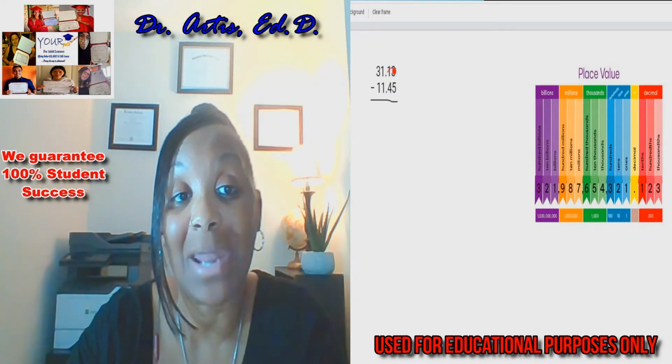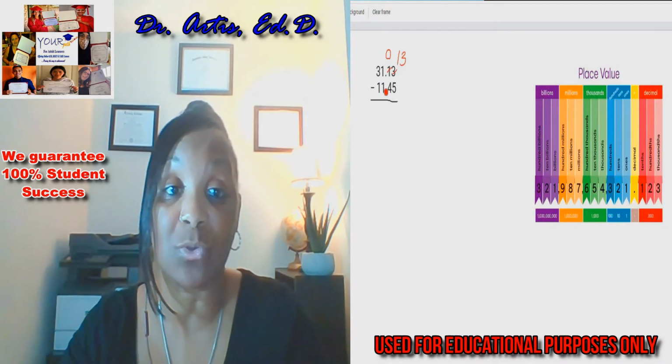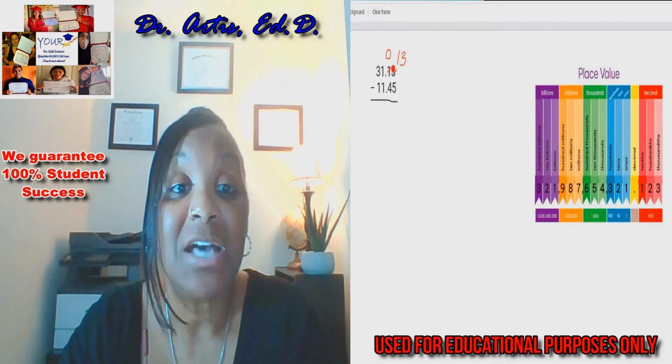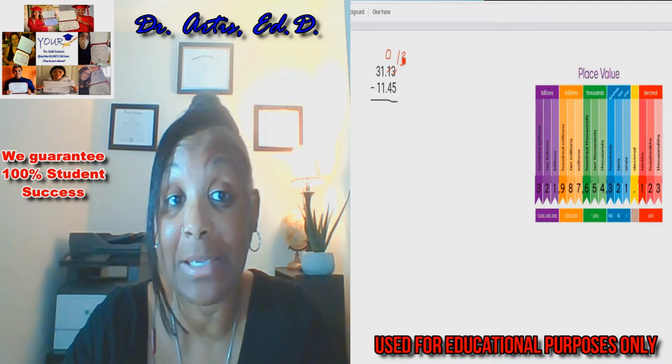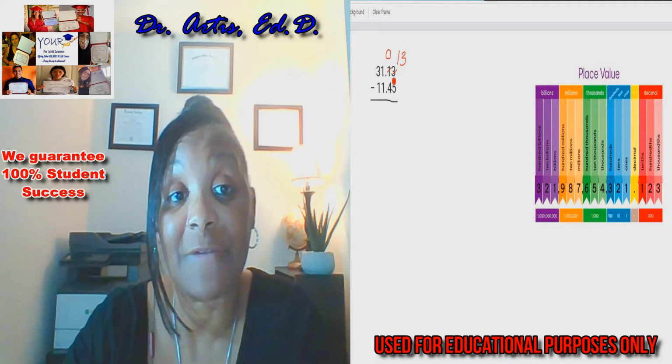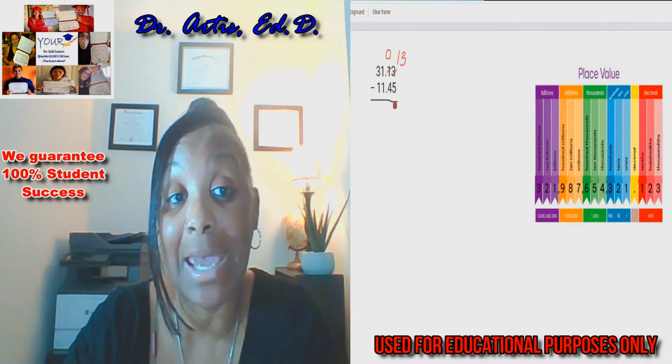When we do that, we're going to add this 10 to the 3, and that's going to make this 3 a 13. And that's going to make this 1 a 0 because we actually took an entire 10 from this column. So it brings it down to 0. So now we are ready to subtract 5 from 13 because 13 is a larger number than 5, so we can do that. So when we subtract 5 from 13, we get 8.